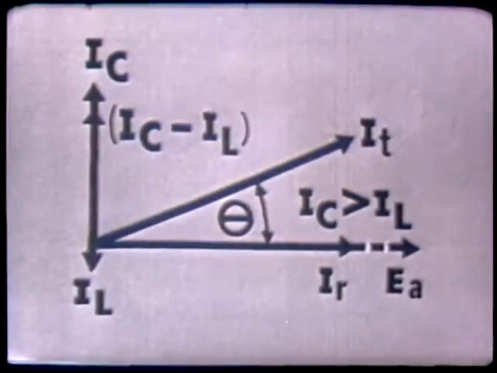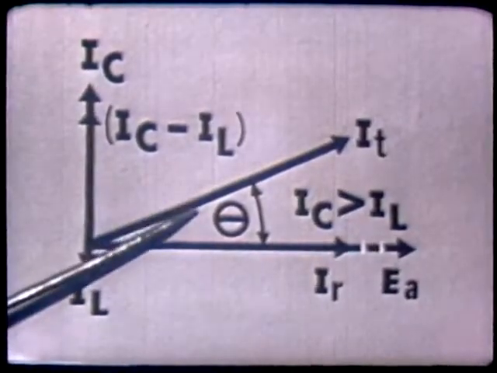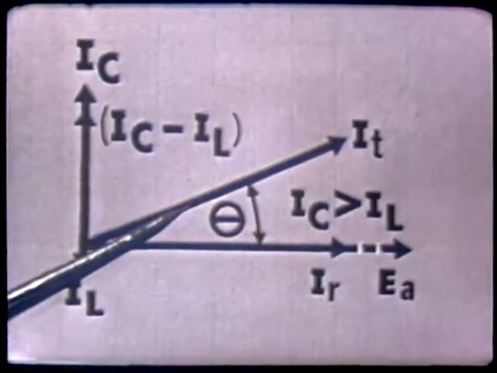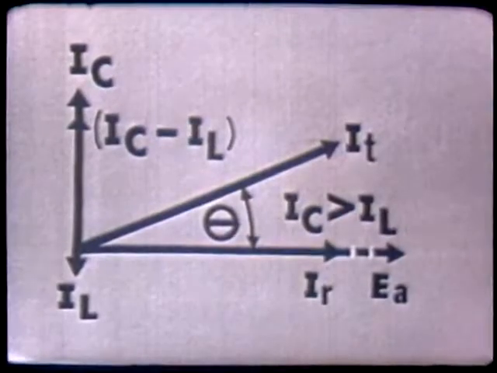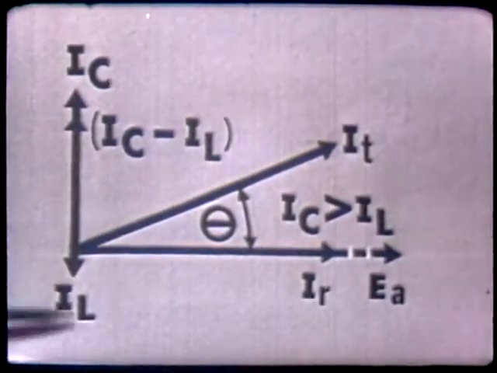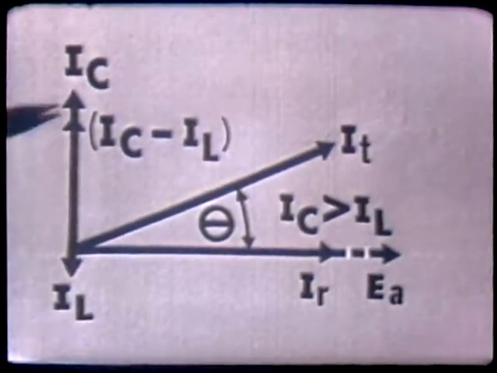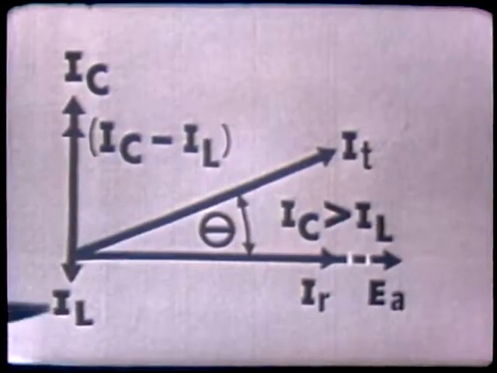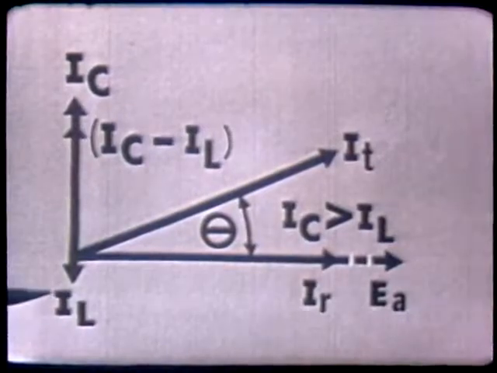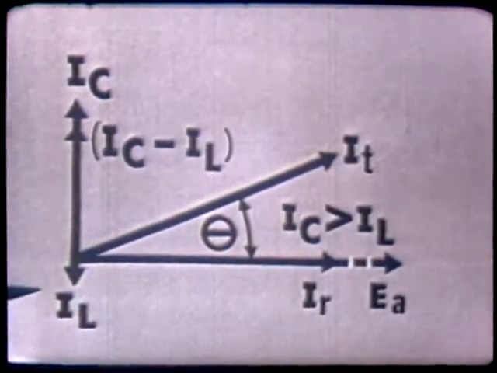But suppose now I wanted our circuit to go from a leading phase angle down to a lagging phase angle. Well, to cause this to occur, then IL would have to be greater in magnitude than IC. And what circuit change could we make for this to occur?